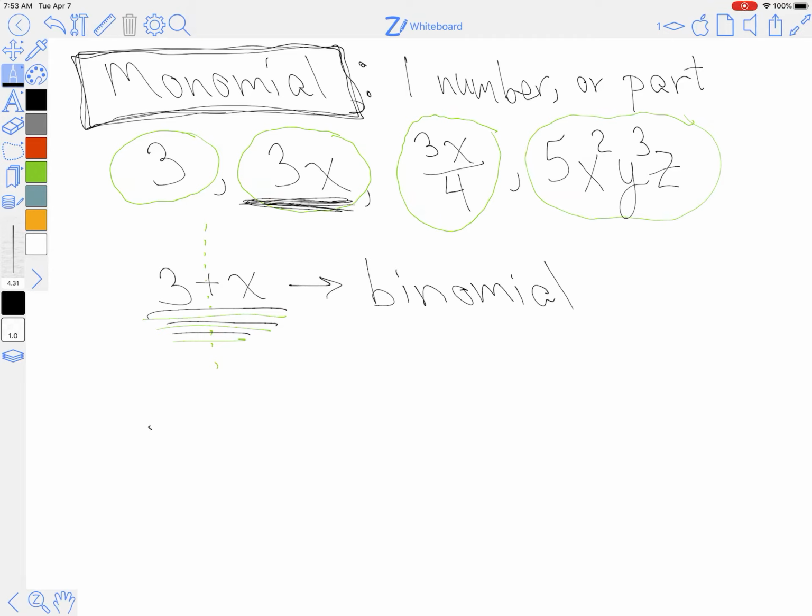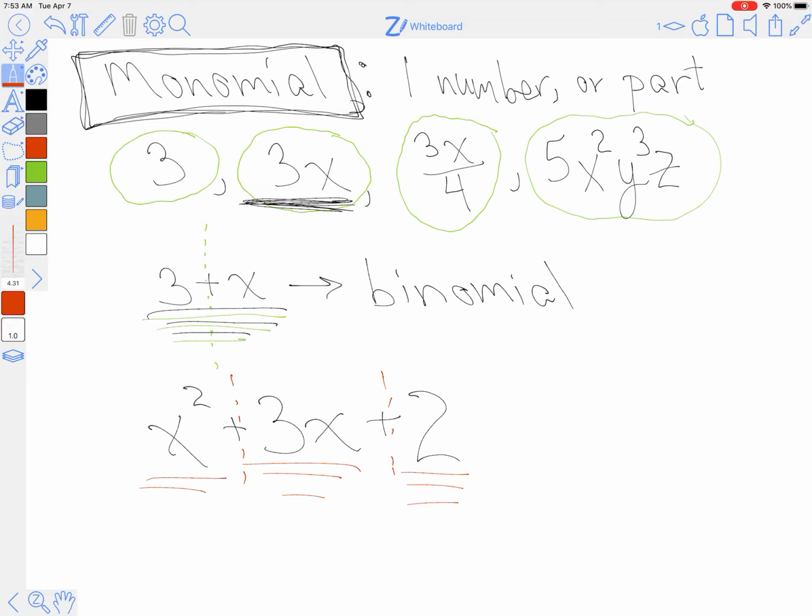Let's say I had something like x squared plus 3x plus 2. Again, this is divided up into different parts because of these additions. It doesn't just have to be addition, it could be subtraction also. I have one part, two parts, three parts. So this one would be called a trinomial because there's three parts.